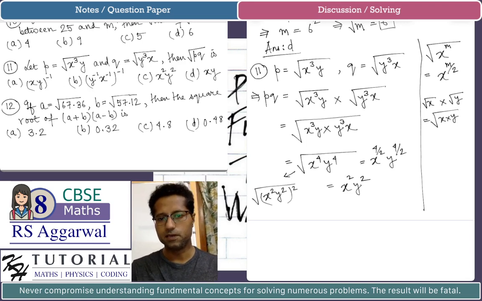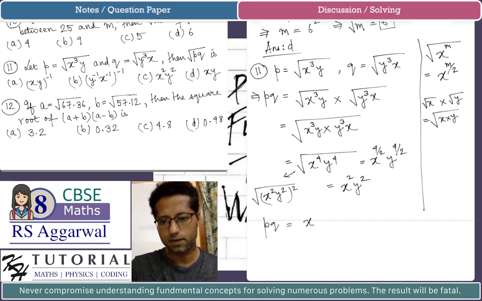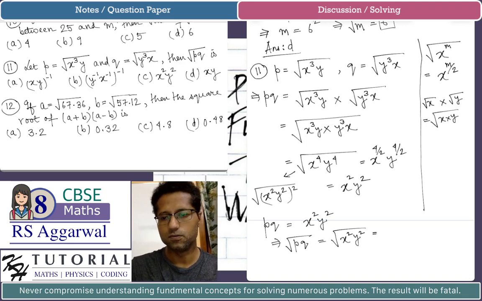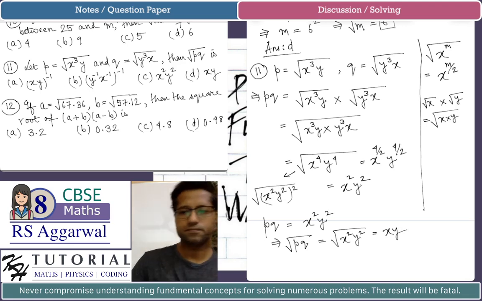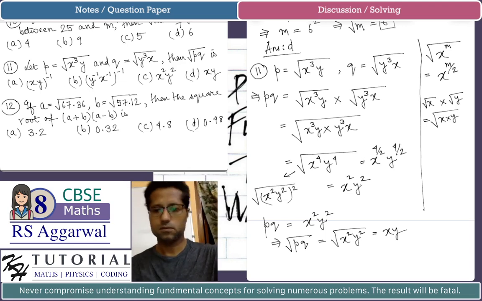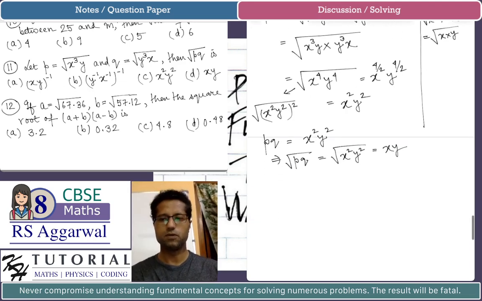So we see that pq is equal to x square y square. So this implies the square root of pq is equal to the square root of x square y square, which is equal to xy.